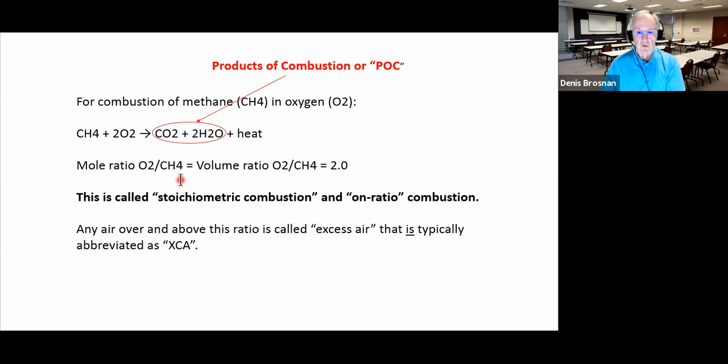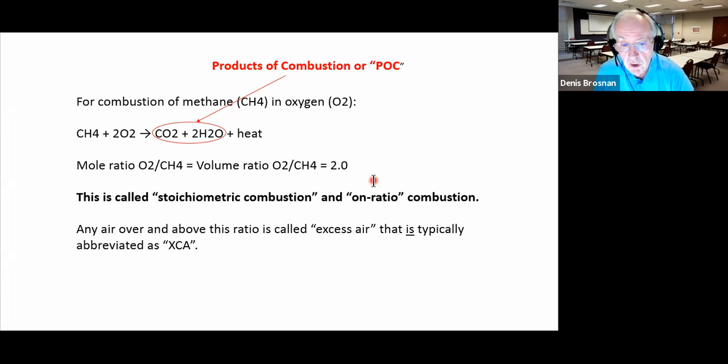The ratios are correct for complete combustion. And actually, that's called on-ratio combustion.